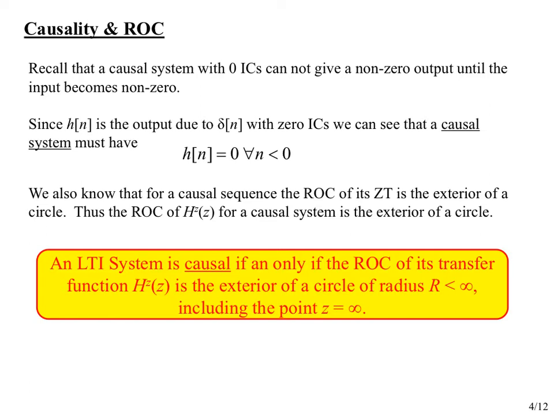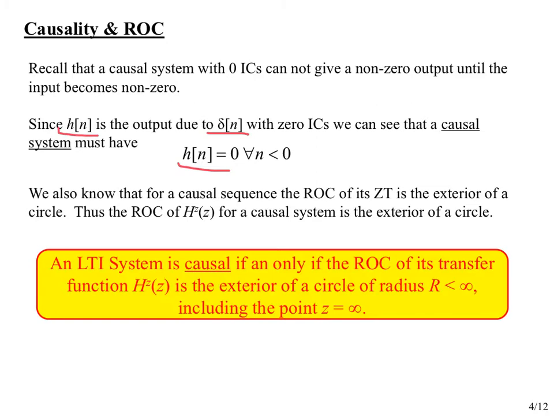And we've alluded to this next statement a few times. Since h of n comes from putting delta of n in, and delta of n is 0 up until n equal to 0, if the system is causal, there's no way that h of n can be anything but 0 for n less than 0, since delta of n doesn't start until n equal to 0.